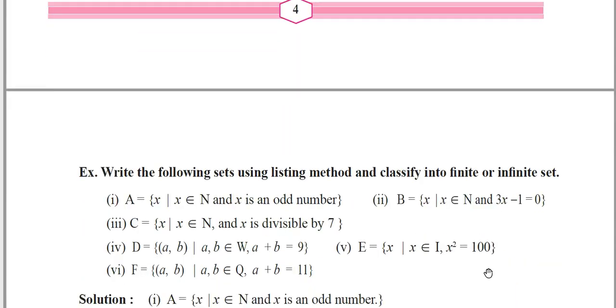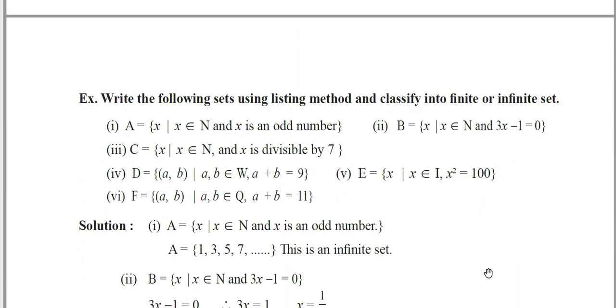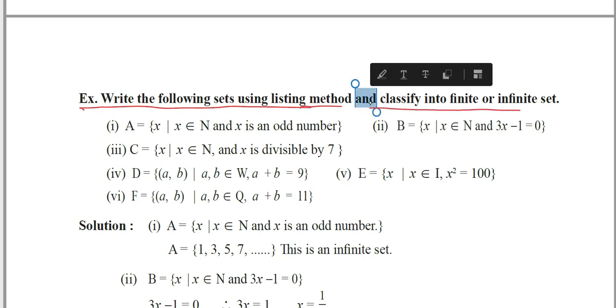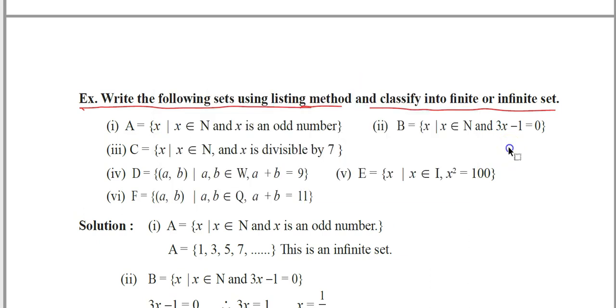Now next we see, write the following sets using the listing method and classify into finite or the infinite set. Now the first example is A is equals to in curly bracket x is such that x belongs to set of natural numbers and x is an odd number.